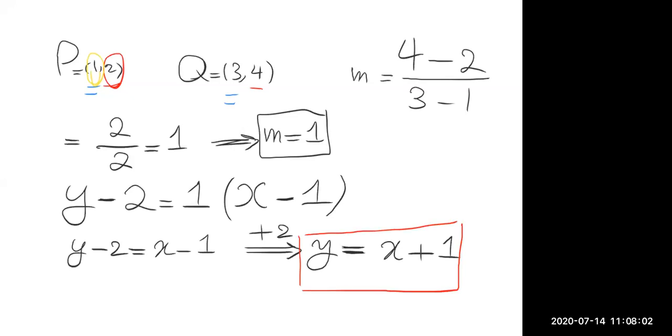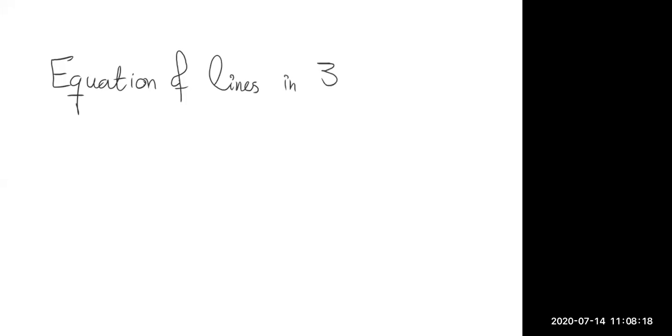Now, just like this, that we have equation for lines in plane, we can write down the equation of lines in 3-dimensional space. Okay, it's slightly more complicated. There are different ways to do that. And it's slightly more interesting. Well, 3-dimensional space is definitely more interesting than 2-dimensional space.